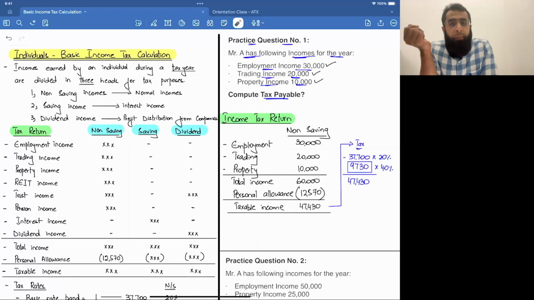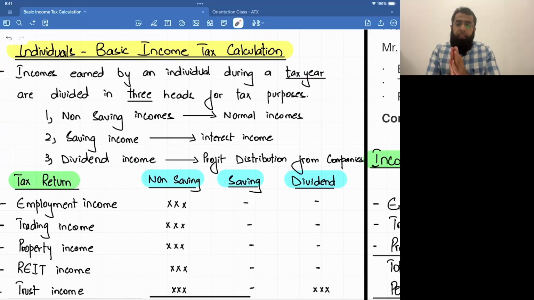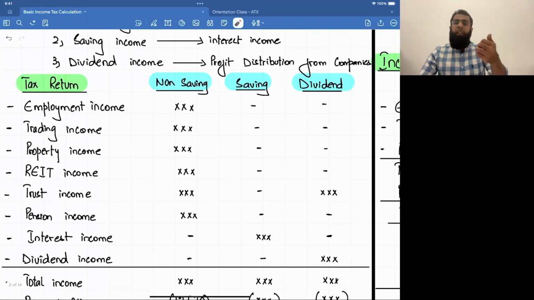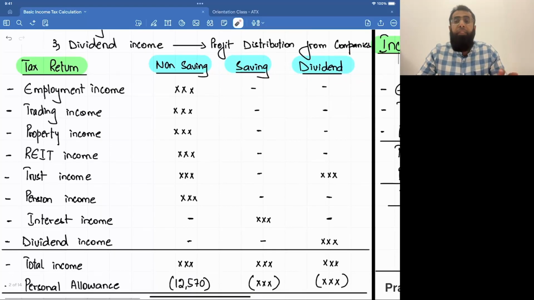Whatever incomes you earn during a tax year, you classify them in three heads: non-saving, saving, and dividend. All incomes are non-saving. It's a normal income head, except interest income and the dividend income. They have their own tax rates.